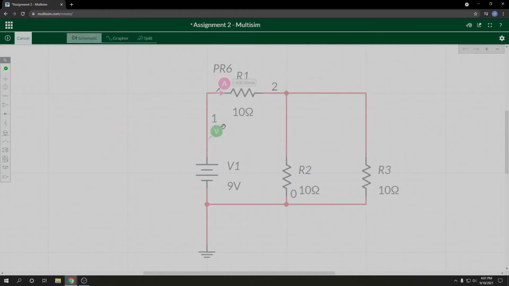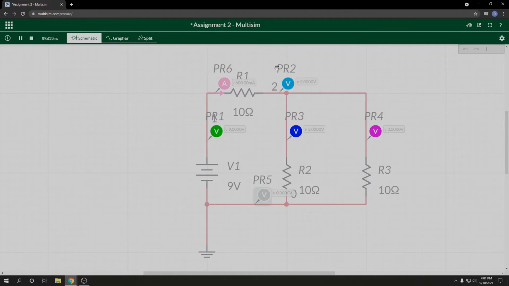If I create a few voltage meters around the circuit, I can start the circuit simulation and prove that this is 9 volts, this is 3 volts after resistor 1, this is 3 volts on either side of the parallel wire because voltage is constant in parallel, and then it becomes 0 after it passes through resistor 2 and resistor 3.